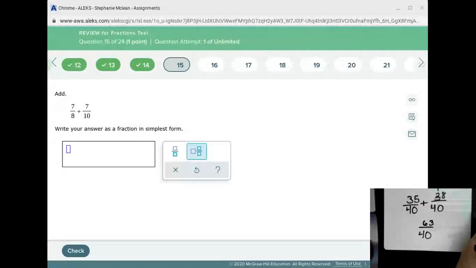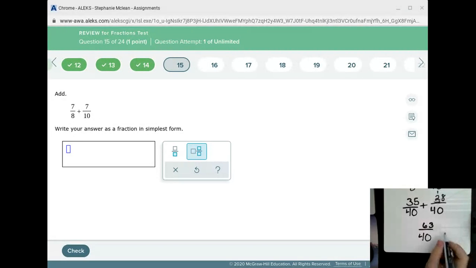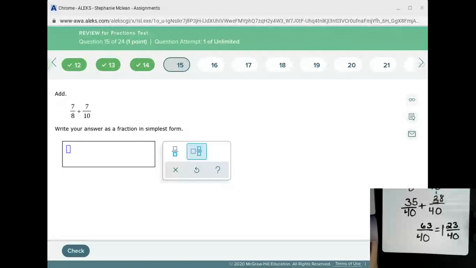If my numerator, what's on top, is bigger than the denominator, I have to reduce it. So I can put 40 into 63 one time. So I'm going to have a 1 out front. Then I take 63 and subtract 40, which gives me 23 over 40. 23 is an odd number, so I cannot reduce that anymore.